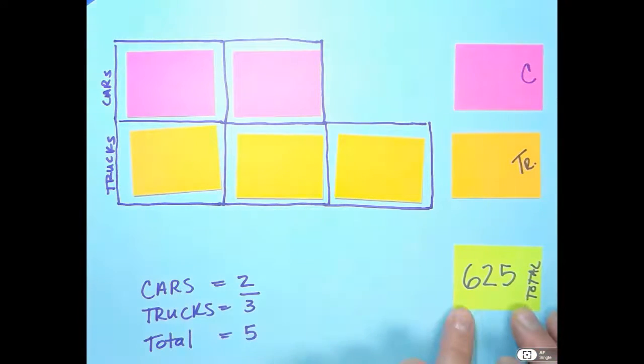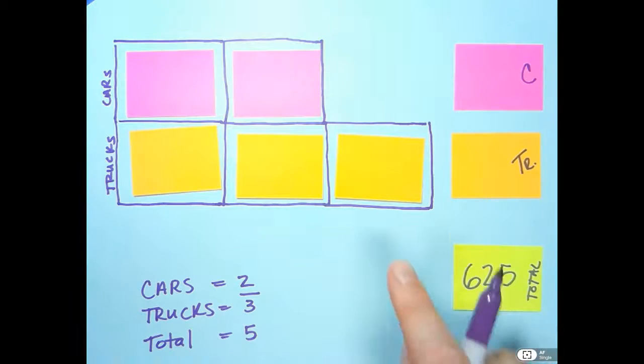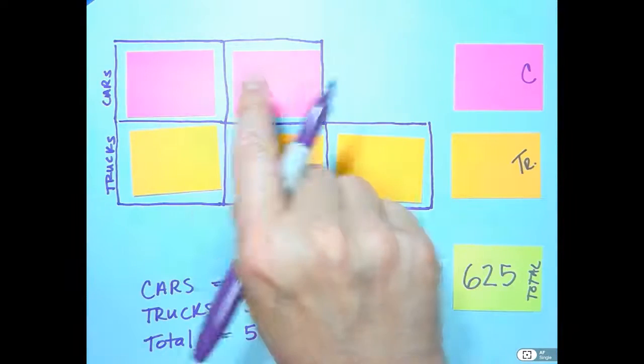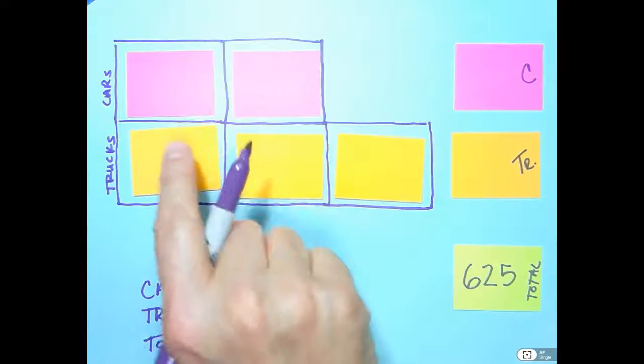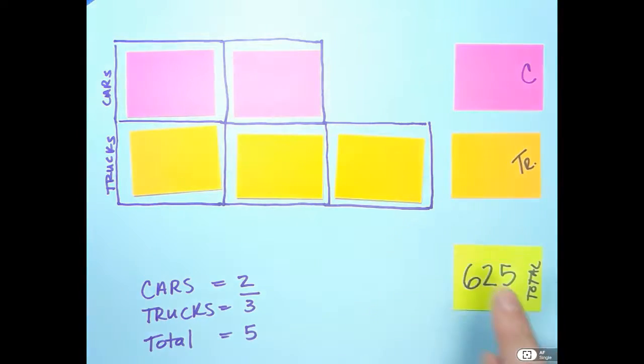So here's what we can do to solve this one. Let's take what we know, and what we know is there are 5 total groups, and those 5 total groups are each the same size, and they make up the total.